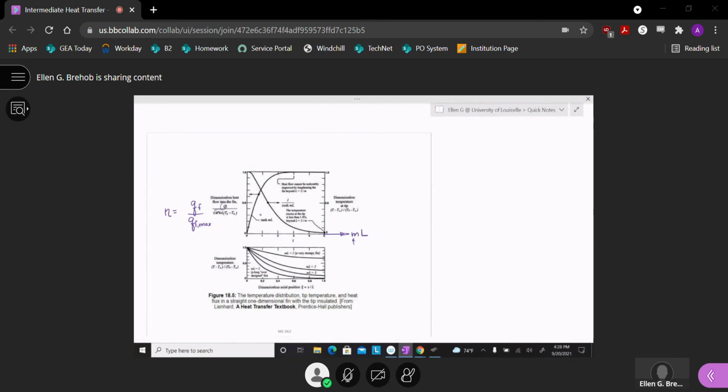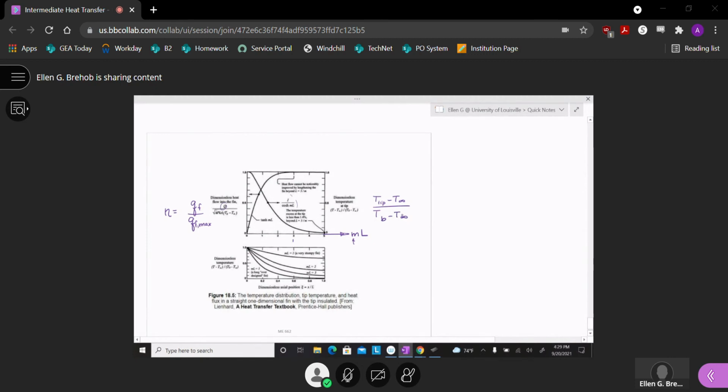Oh, and I'm doing the wrong thing, aren't I? Well, we're looking at hyperbolic tangent gets to about 1. Okay. This other curve is relating to dimensionless temperature at the tip of the fin. So if I made this bigger, temperature at the tip minus T infinity over T base minus T infinity.